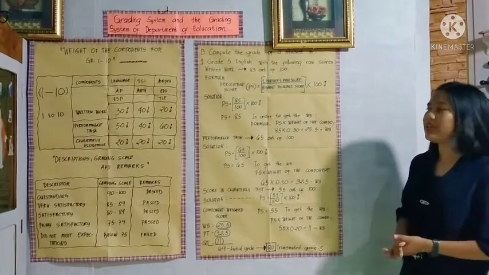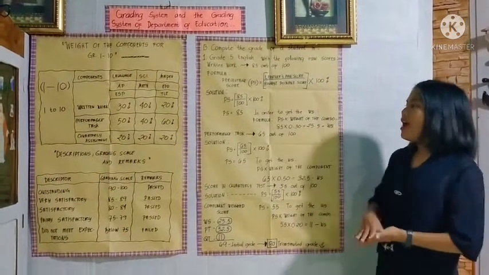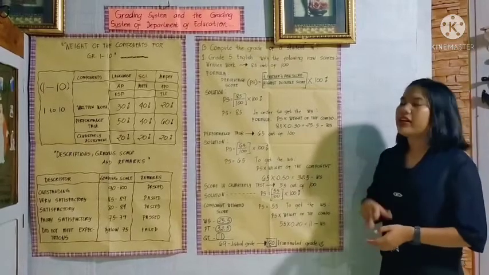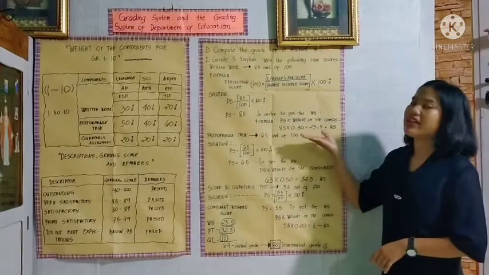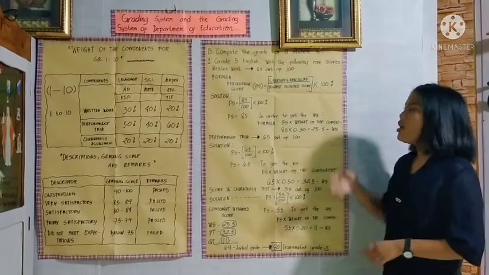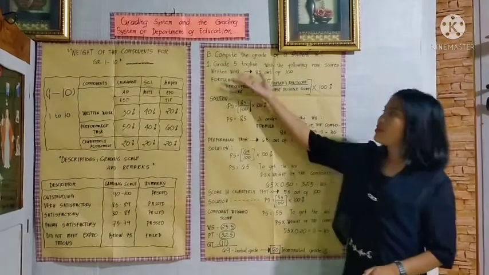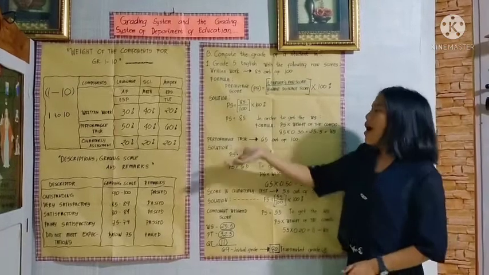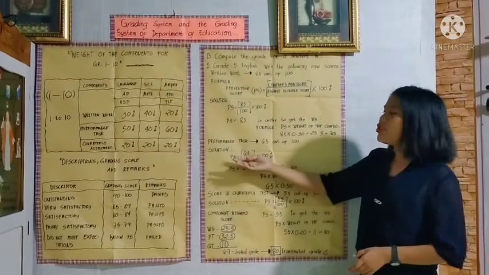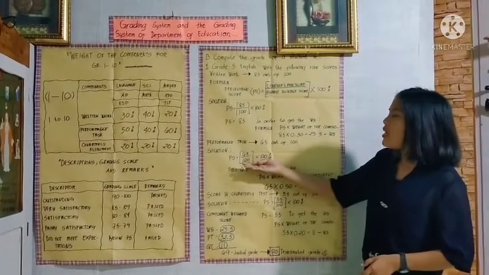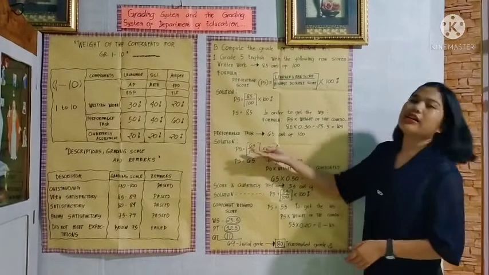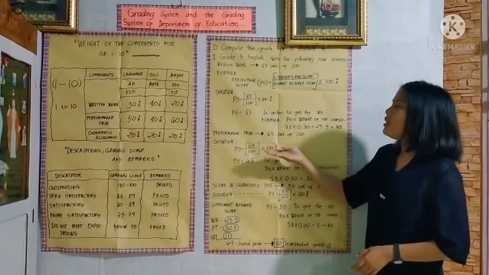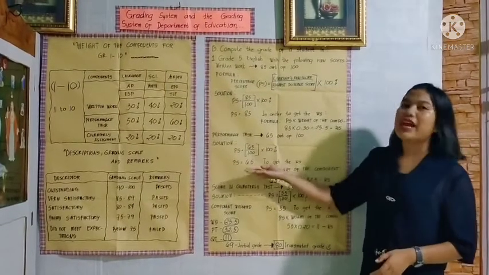Let's proceed to the performance task. 65 out of 100. So 65 is the raw score, and the 100 is the highest possible score. For the solution, same process as with the written work. PS, percentage score, 65 over 100 equals 0.65, times 100 equals 65.